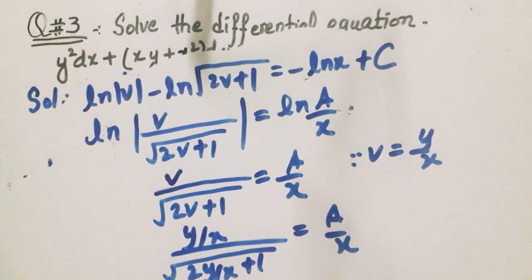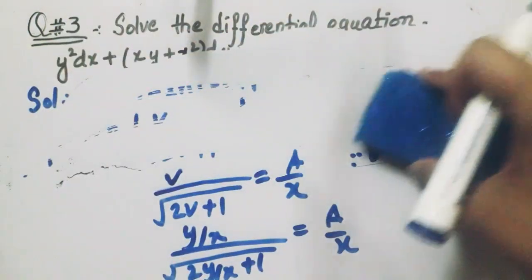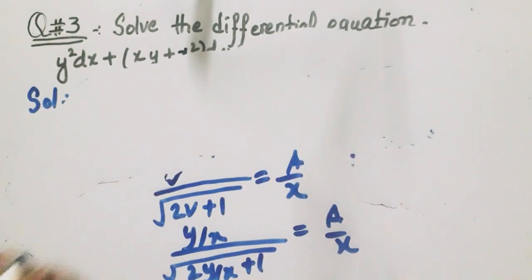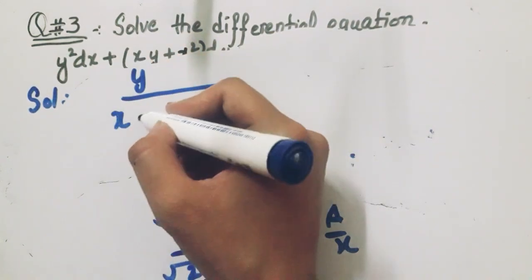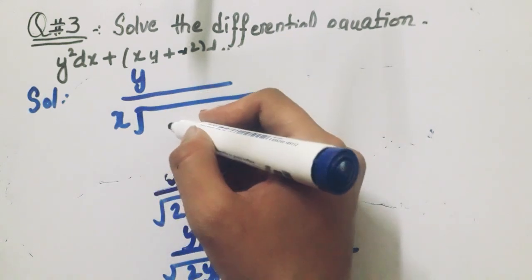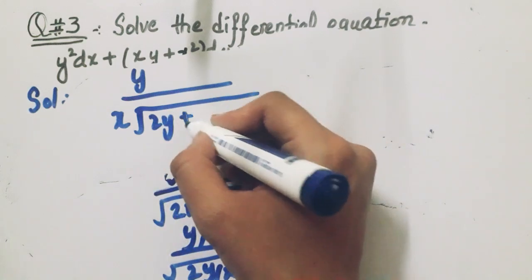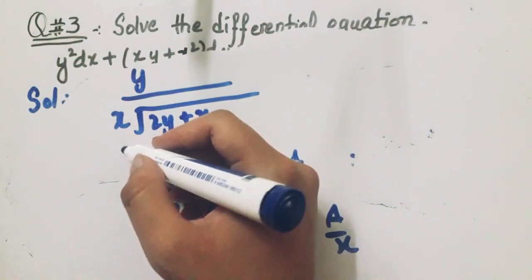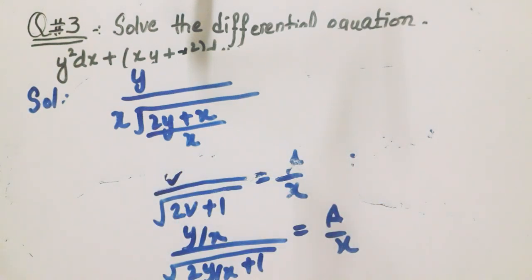In the next step we will solve this further. Then it will become y by x and square root of (2y plus x), and x is taken in the form of LCM.